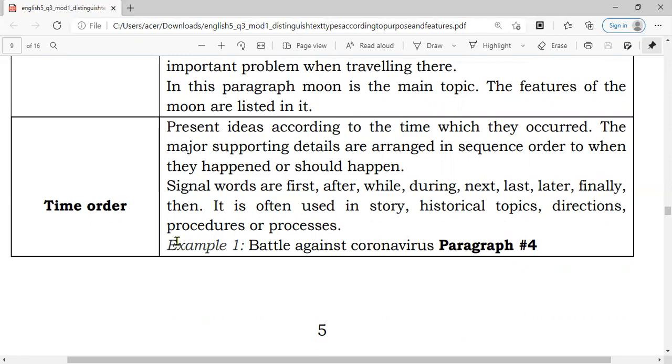The first one was in year 2003, the second one was in year 2012, and the third one was detected last 2019. So there's a time order.